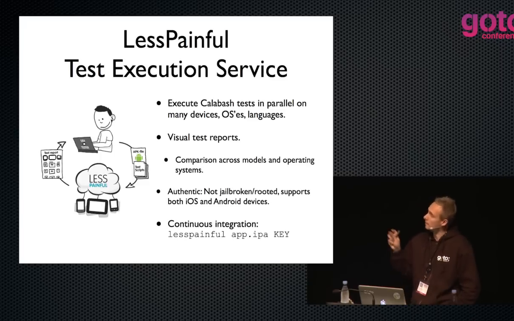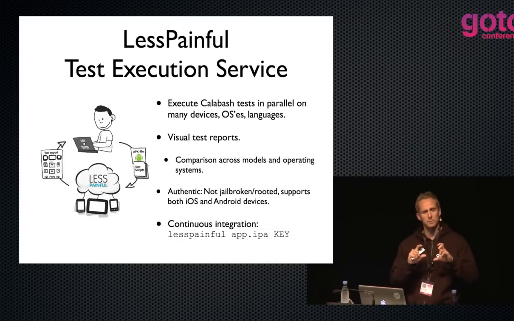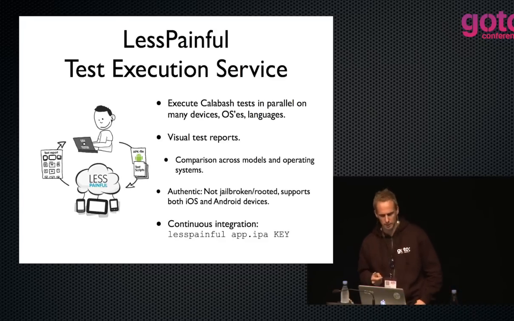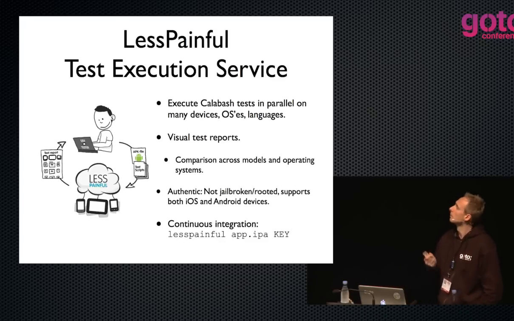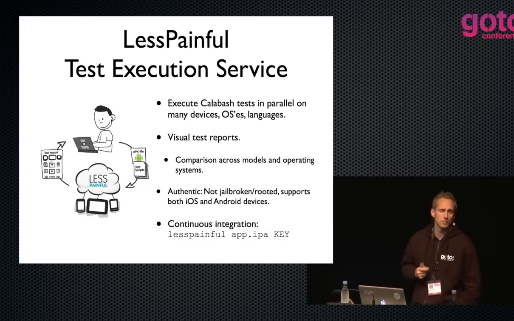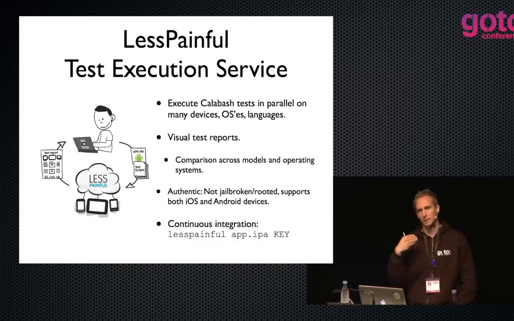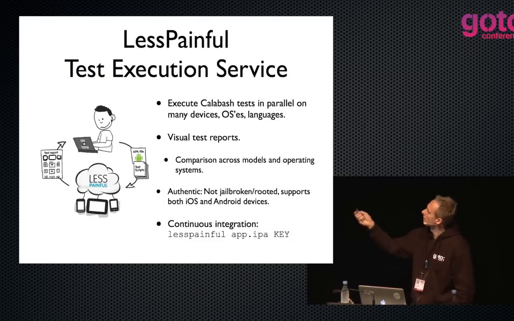In addition to that, you get some visual test reports so that you can see what your app looks like on different models at the various points. I'll show you an example of what this means, and actually I'll run a test live as well. One important point is that we run on non-jailbroken, non-rooted devices, and we try to be as authentic as possible, aiming at getting as close to what the end user will be running with. And we support CI with a one-line command.